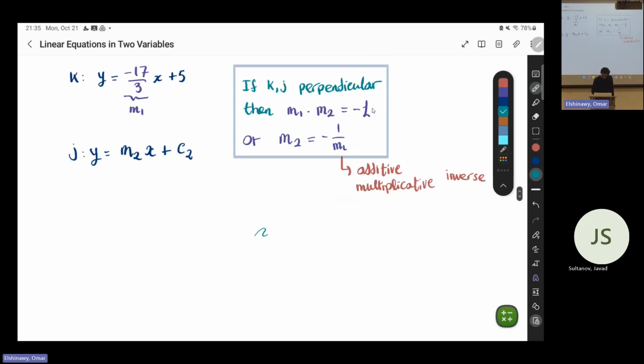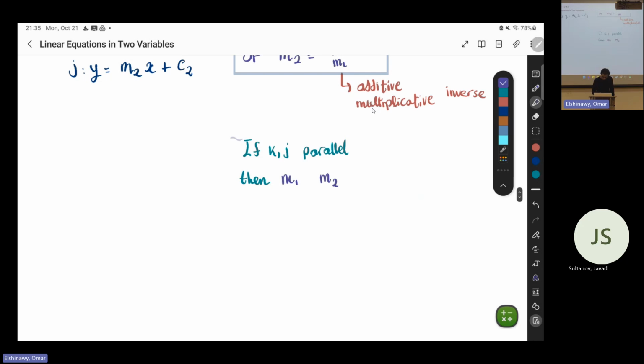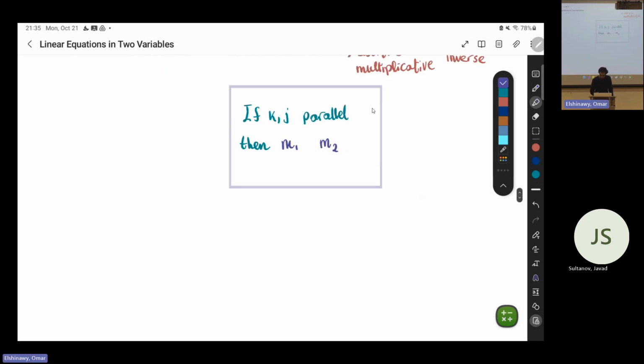So if you have two lines, K and J, which are parallel, then what can we say about the slopes of these two lines? Before you answer this question, give me a moment to draw some stuff.